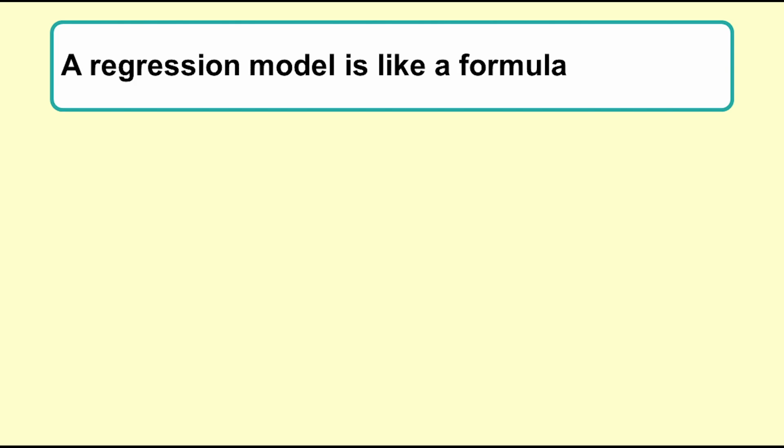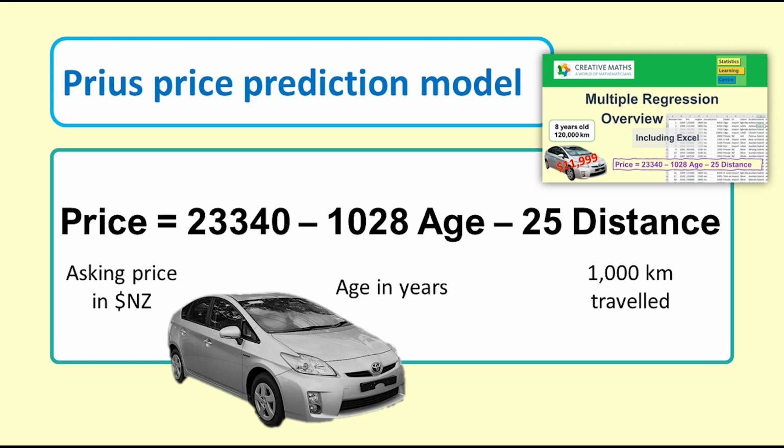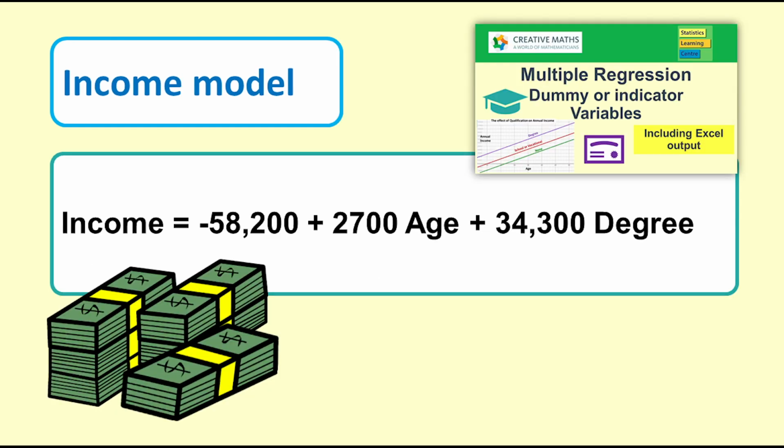A regression model is like a formula. For example, the Prius price prediction model introduced in the overview video was that price equals 23,340 minus 1,028 age minus 25 distance. The income model in the dummy variable video was income equals negative 58,200 plus 2,700 age plus 34,300 degree.